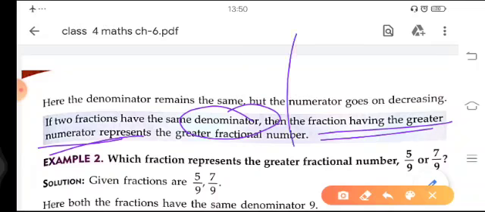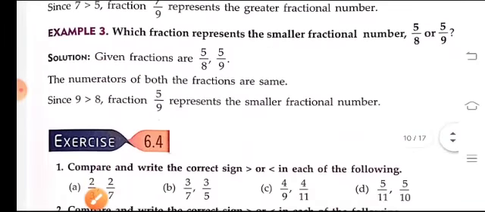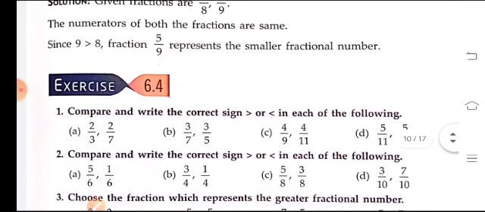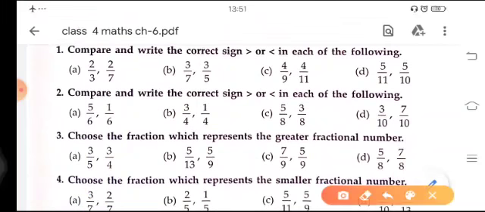So according to that you will compare the fractions and you can arrange the fractions in ascending or descending order, or easily you can find the greater fraction number and a smaller fraction number. So our next exercise is related to that, which is the greater fraction number or which is the smaller fraction number, right?